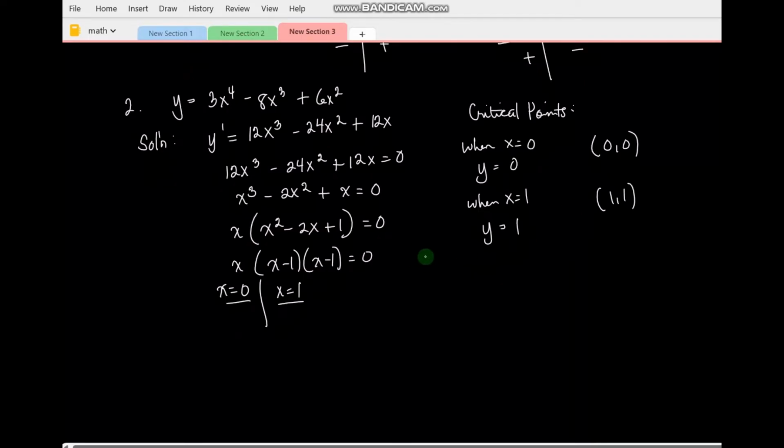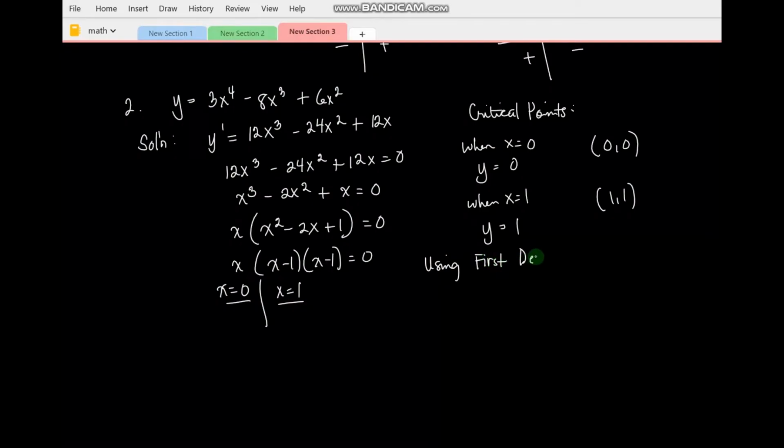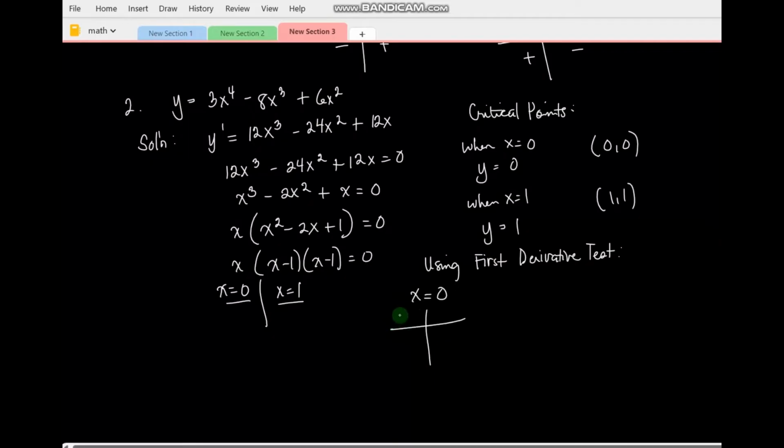Okay, using our first derivative test. Let's say the first critical number, x equals 0. So we can consider x equals negative 1 and x equals 2.